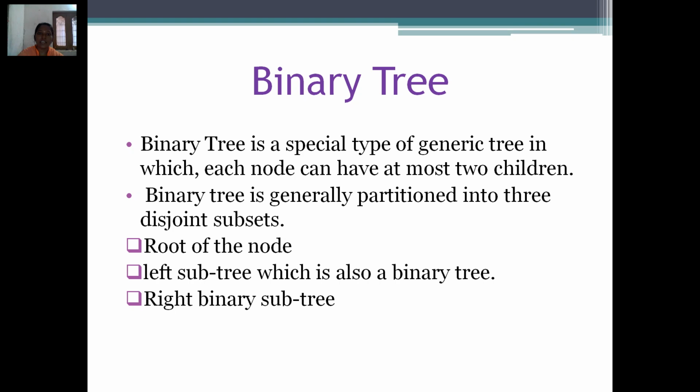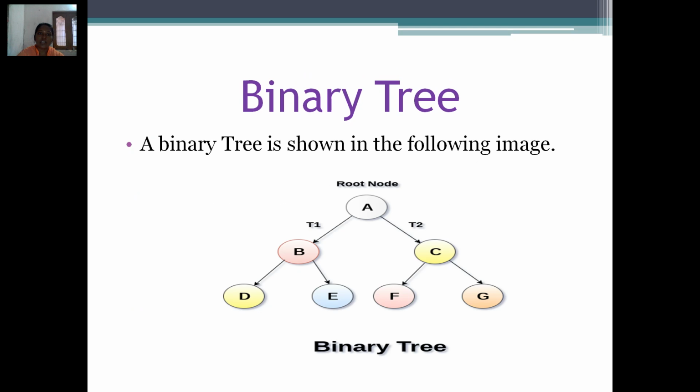A binary tree is generally partitioned into three disjoint subsets: the root node, the left subtree, which is also a binary tree, and the right binary subtree. Let us move to the next slide.